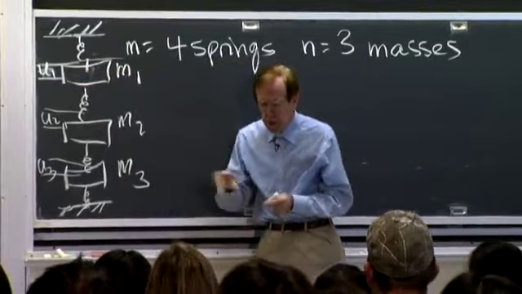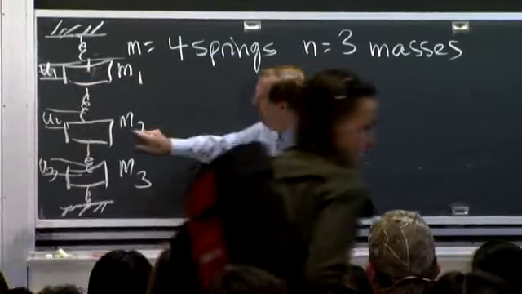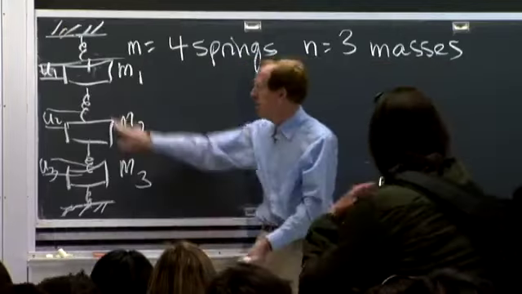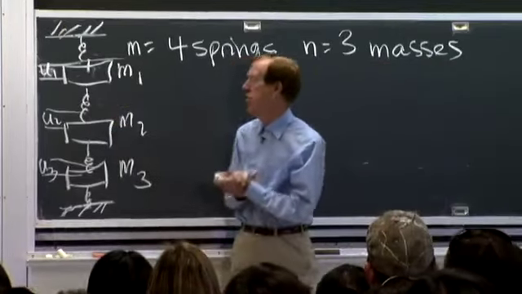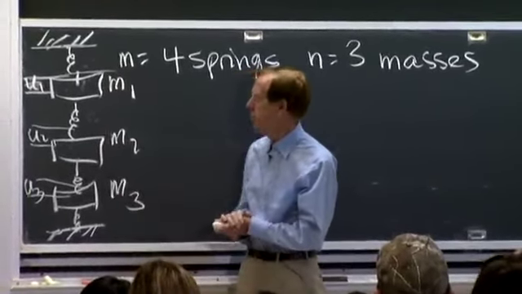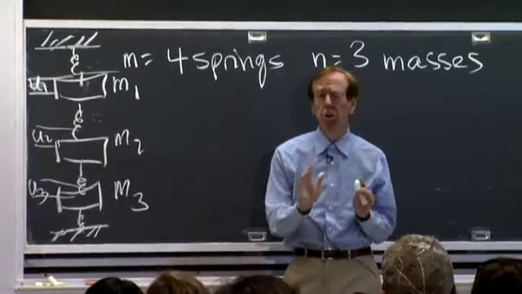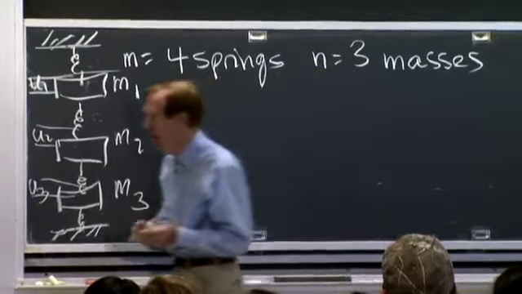So U1, U2, and U3 are movements. Now, here's a key question. What's the stretching in spring number 2? So this is spring 1, 2, 3, and 4. How much does spring number 2 stretch? U2 minus U1. A difference is coming in there.